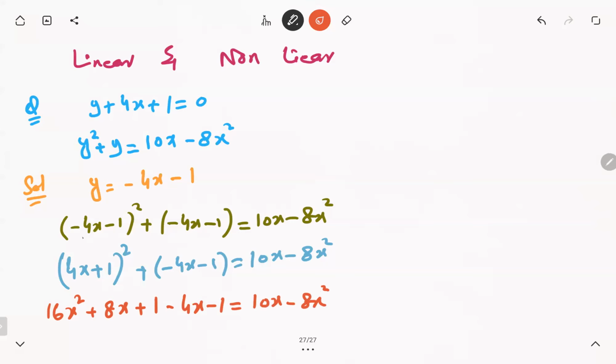Shift everything to the left: 16x square plus 8x plus 1, and the 1 and minus 1 will cancel out. Minus 4x, positive 8x square, and negative 10x is equal to 0.